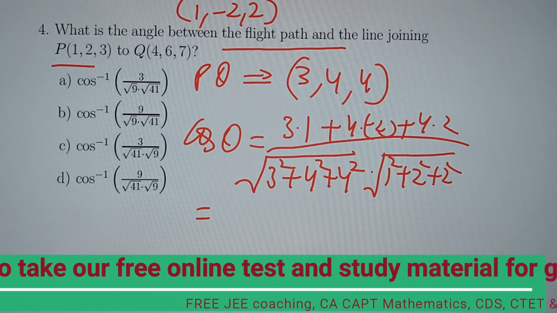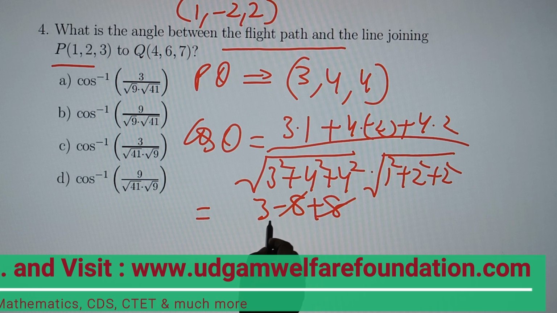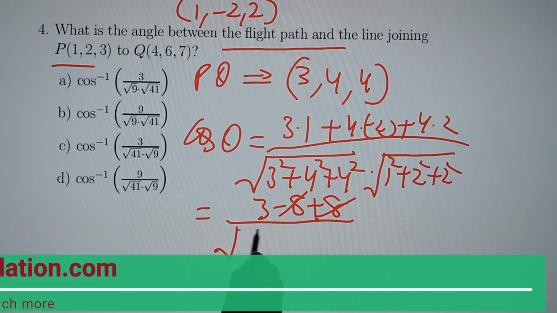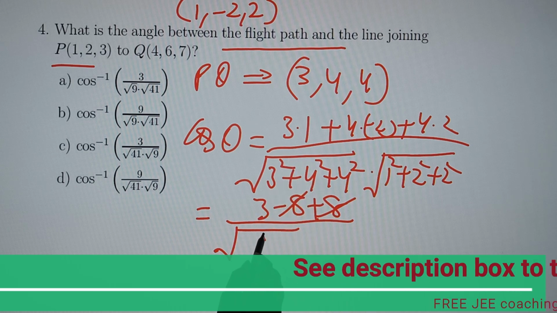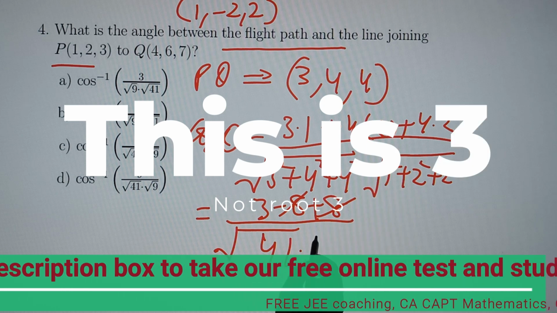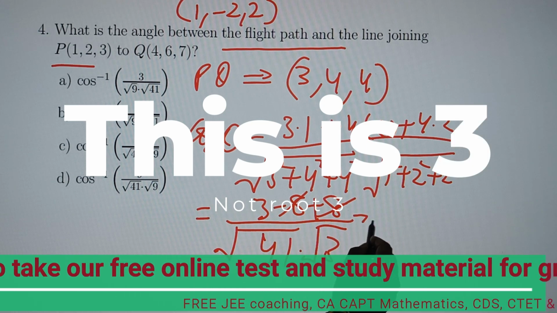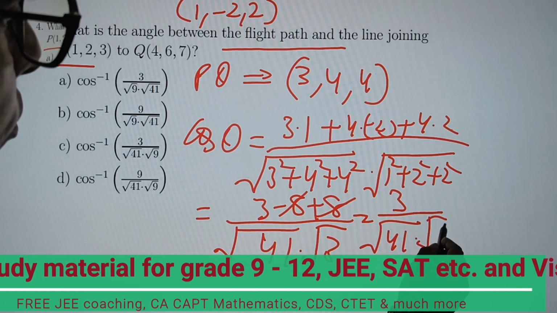So which is given by 3 minus 8 plus 8 here. So it got cancelled. So 3 over root over 16, 4 4s are 16, 32, 32 plus 9 is 41, into 4 plus 4 is 8 plus 1 is 9, root 9 is 3. So this is basically nothing but 3 over root 41 into root 3.